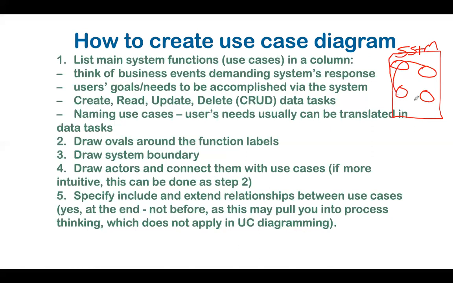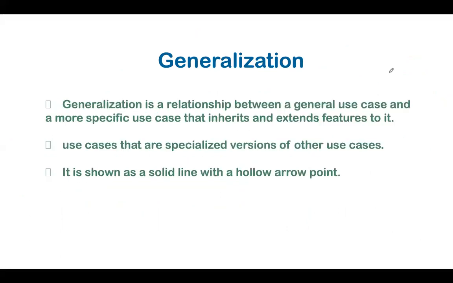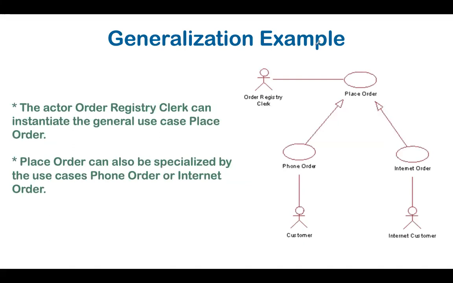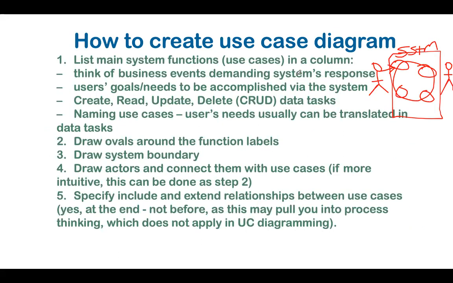Then we have our actors, which are external in nature: the primary external actors on the left, and the secondary external actors on the right. Then we can draw the relationships. If this relationship is an association relationship, then obviously we do it with a solid line.